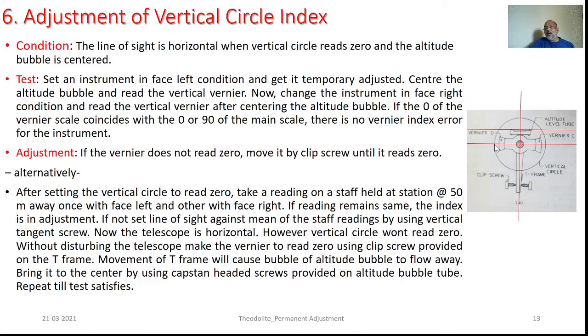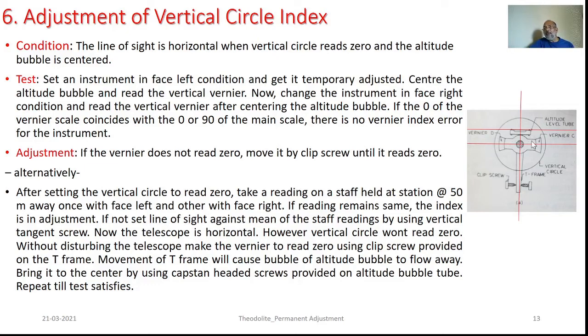As you have already learnt about the constructional aspects of the theodolite, there is the index or T-frame centered over the vertical axis of the equipment.